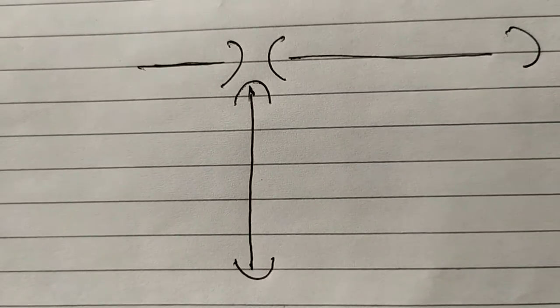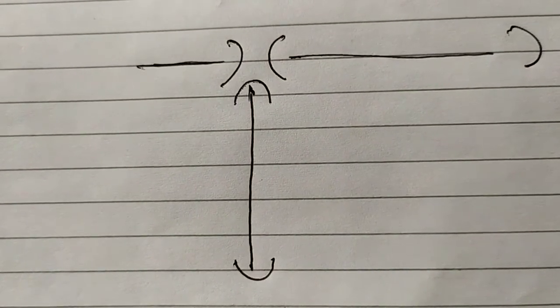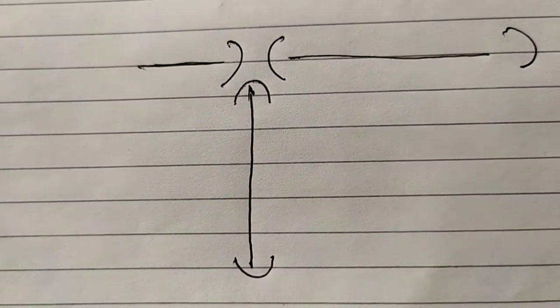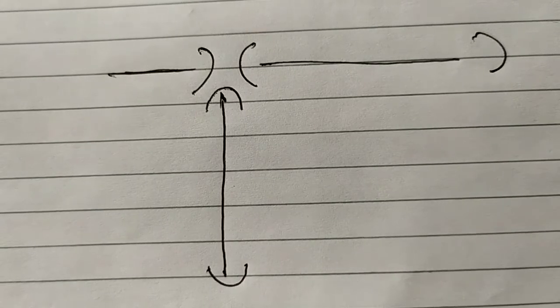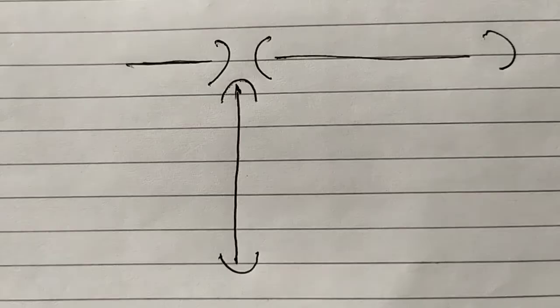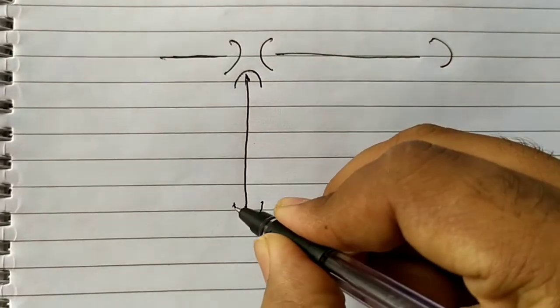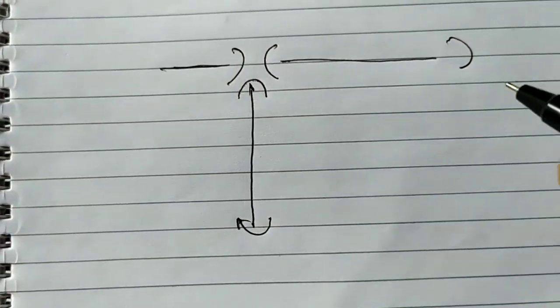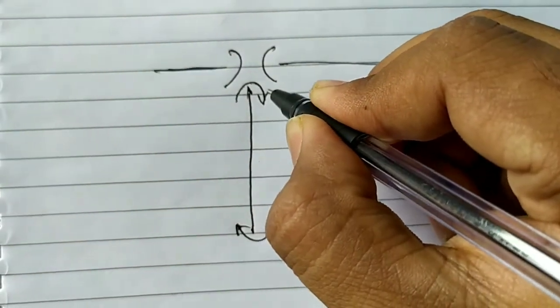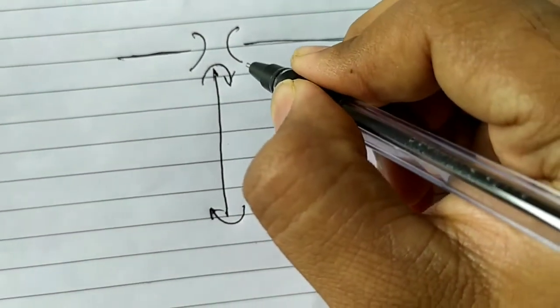To draw the bending moment diagram, draw such a diagram and show such curves. Next, come to the moments we have already found out. MAB is clockwise, so show the curve like this, clockwise. BA is also clockwise. BC is anti-clockwise.